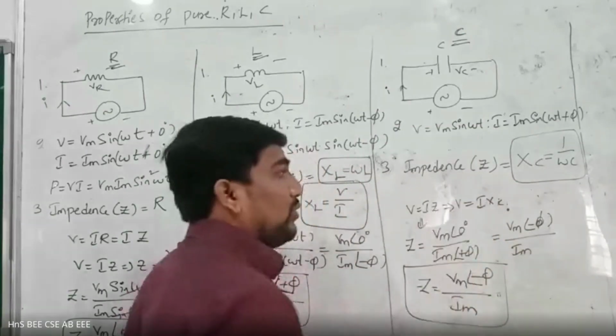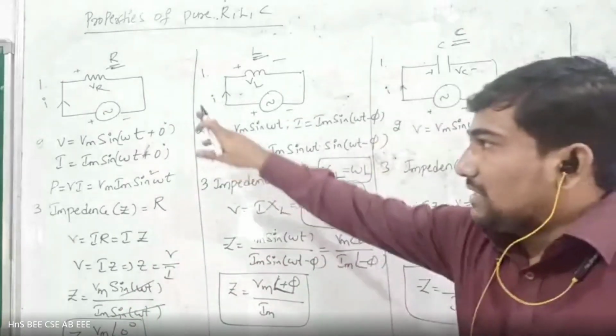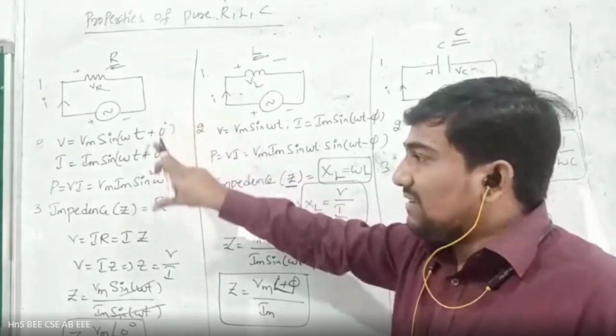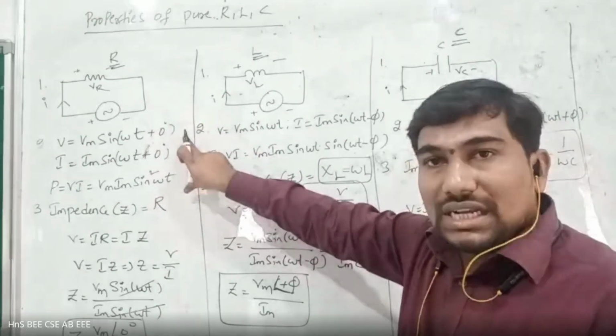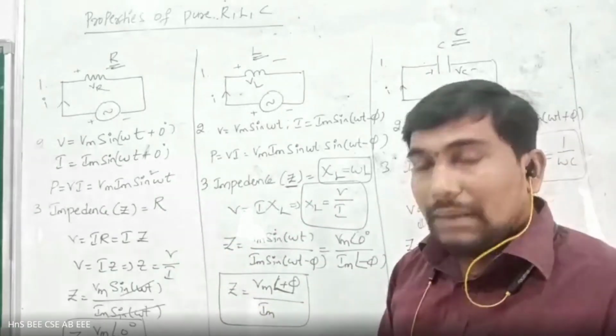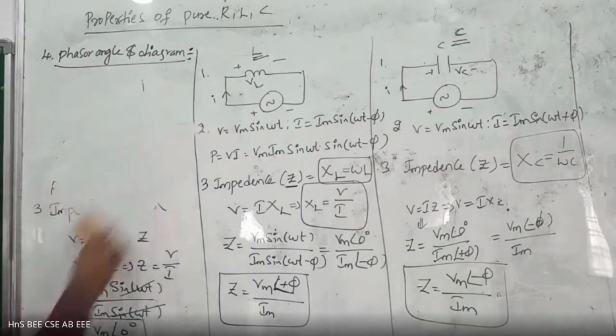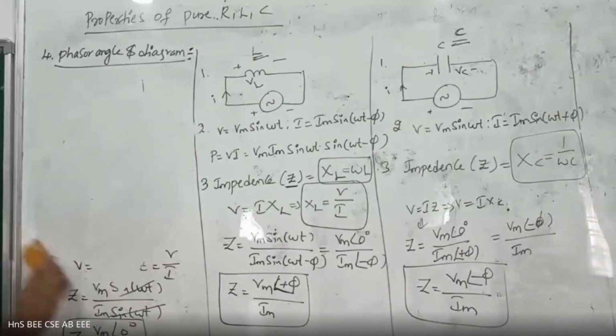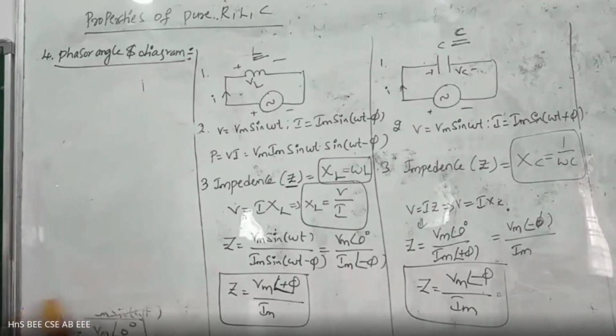This is called the third point. First point is the diagram. Second one is the voltage equation, current equation, power equation. And coming to the third one, impedance, and phasor diagrams. Sir, what is phasor angle? Phasor angle is nothing but the angle between voltage and current.